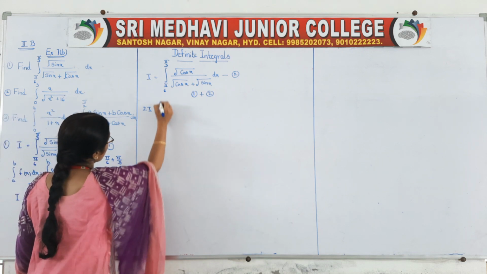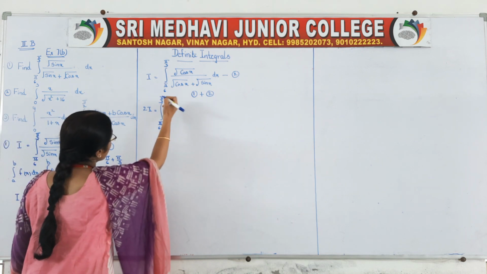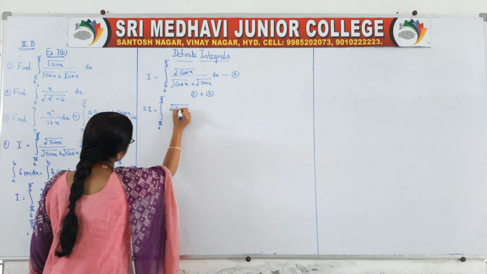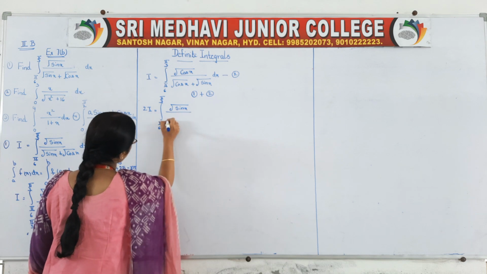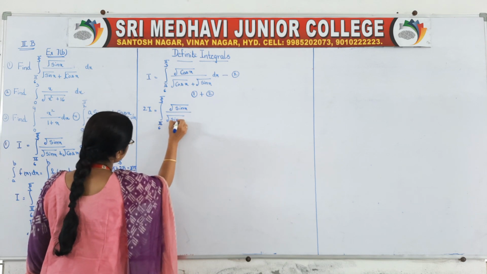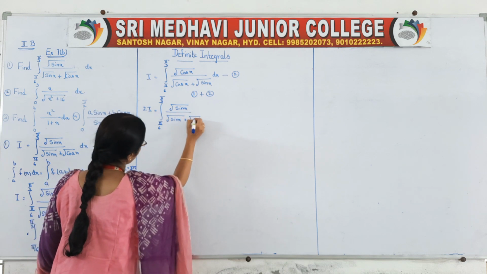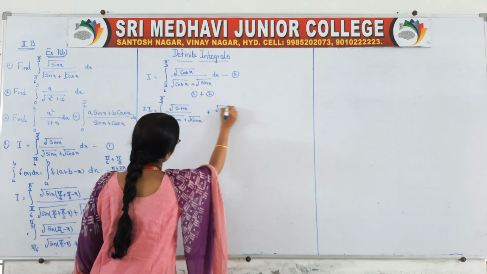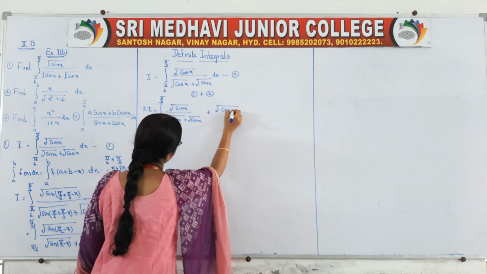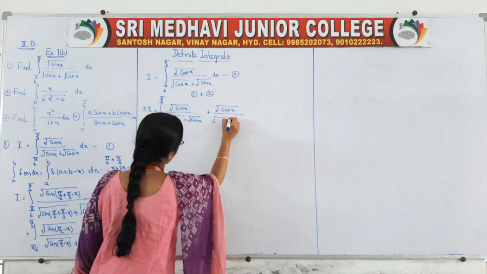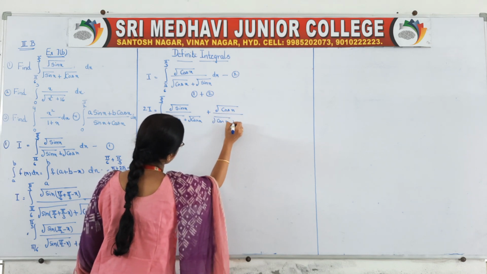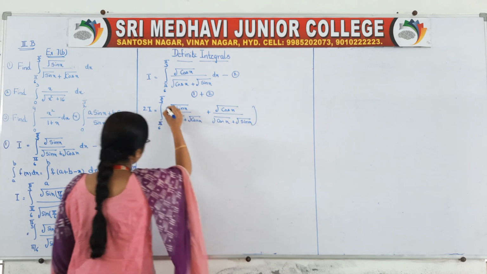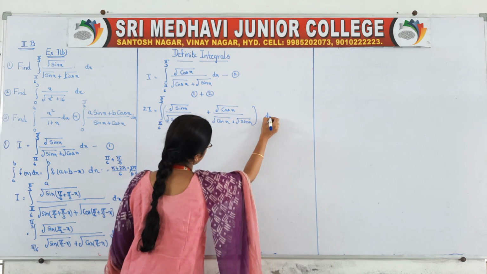So it is pi by 6 to pi by 3, root sin x by root sin x plus root cos x, similarly plus root of cos x by root of cos x plus root of sin x, into dx.